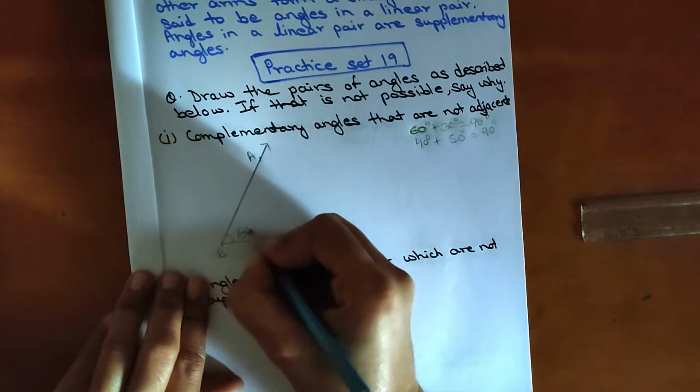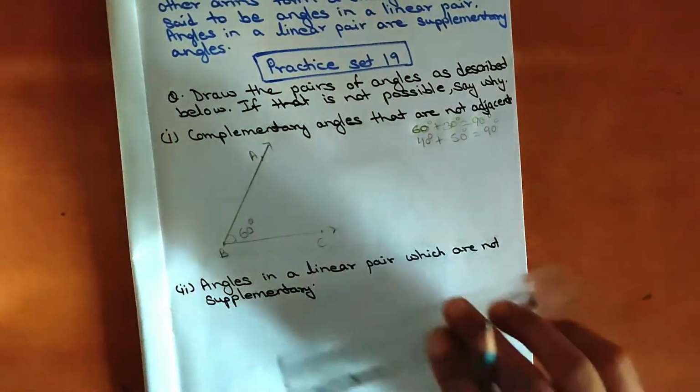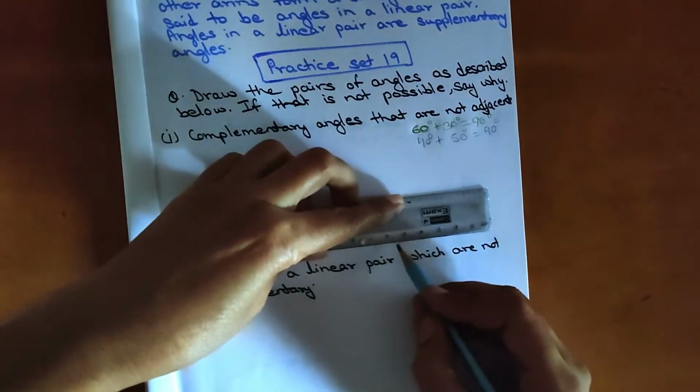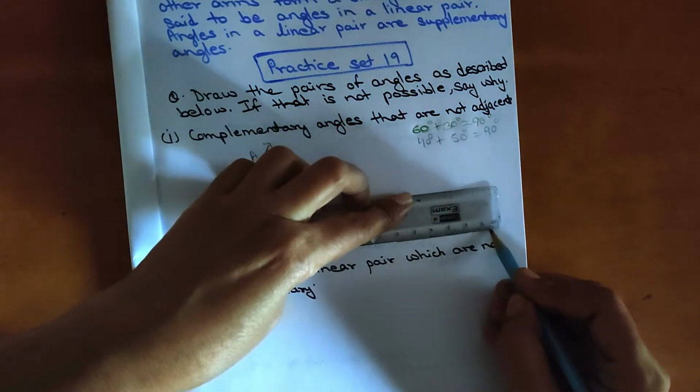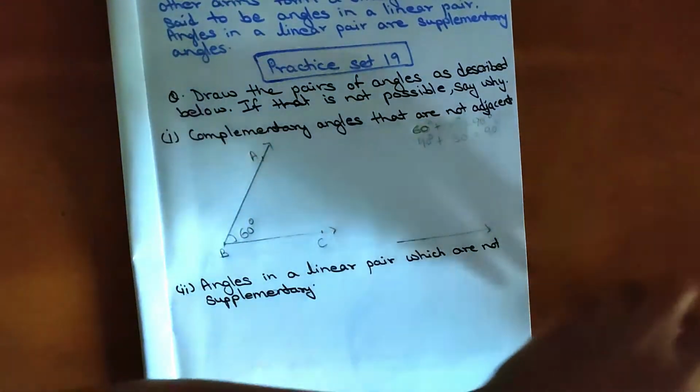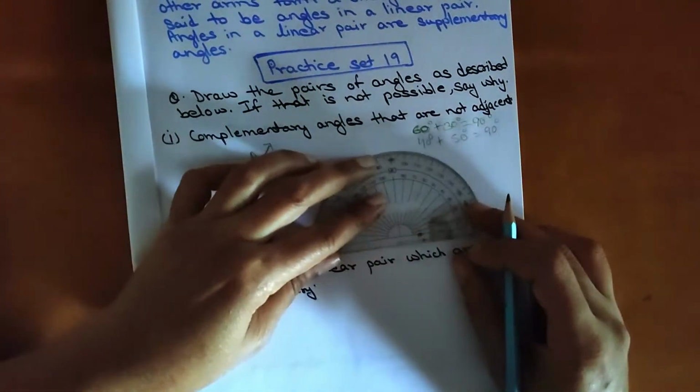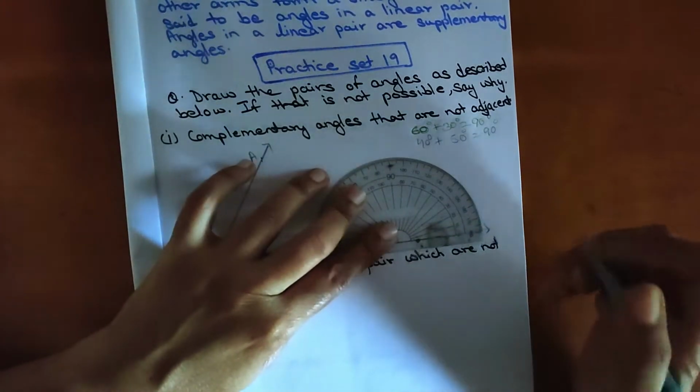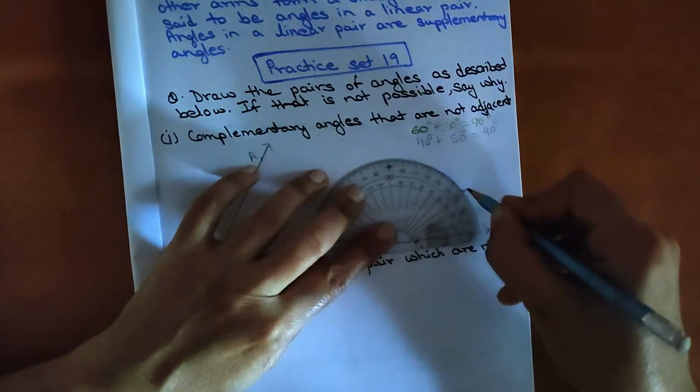This I have drawn 60°, and next I will draw 30°. So make a ray. Adjust the compass and 30°.